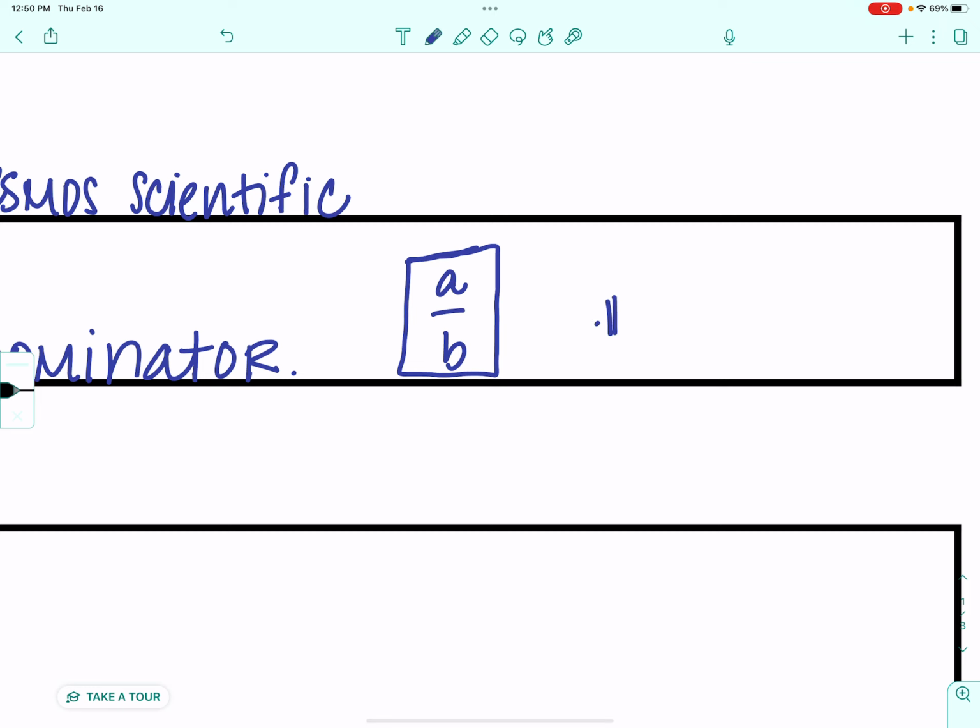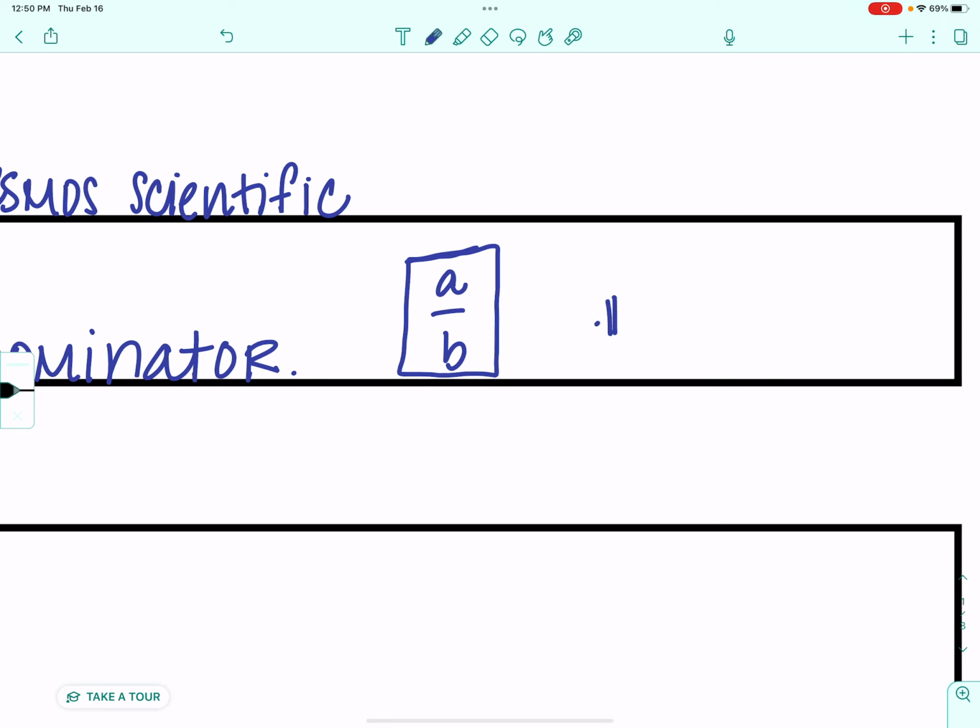I do want to remind you very quickly that if your decimal repeats, so if you have something that looks like this and it keeps on going, you can write that as 1.33 with the bar on top of the repeating part.